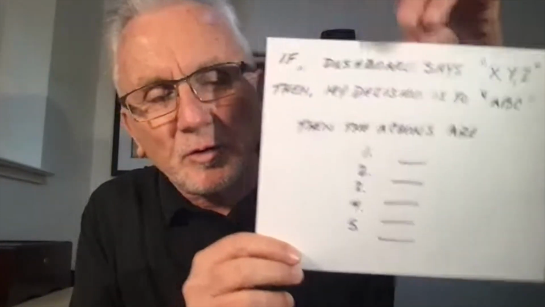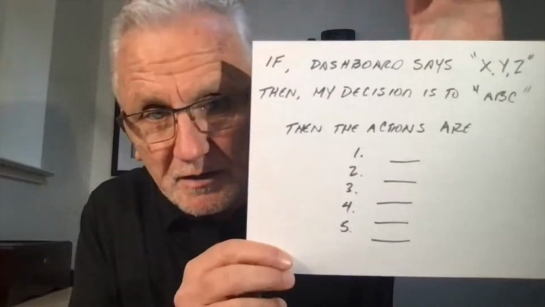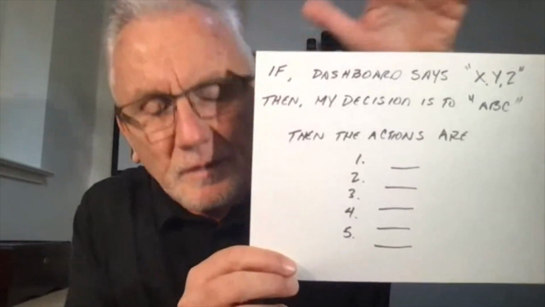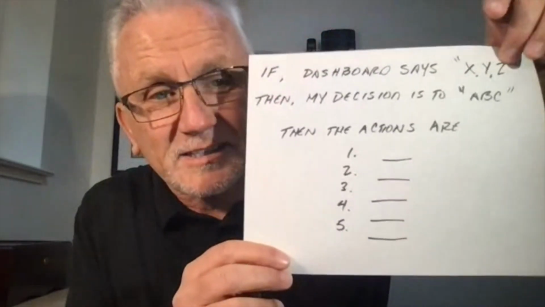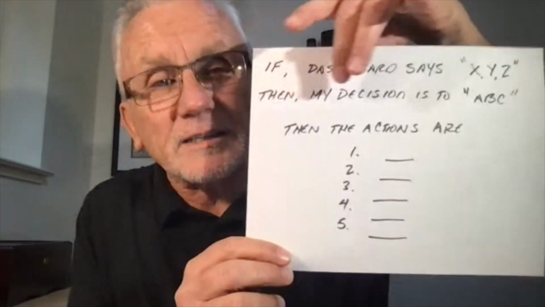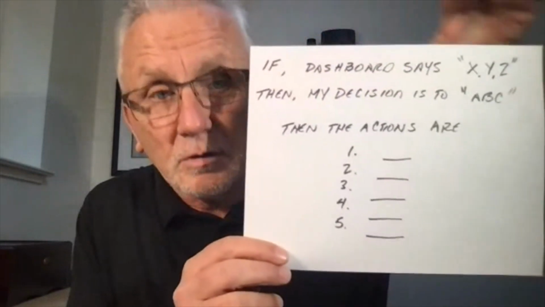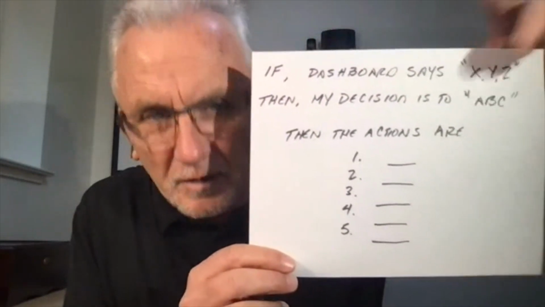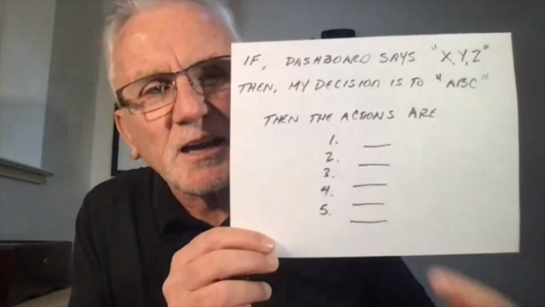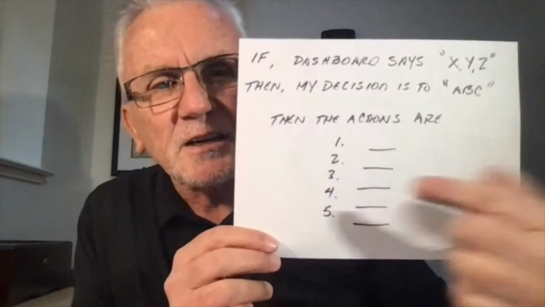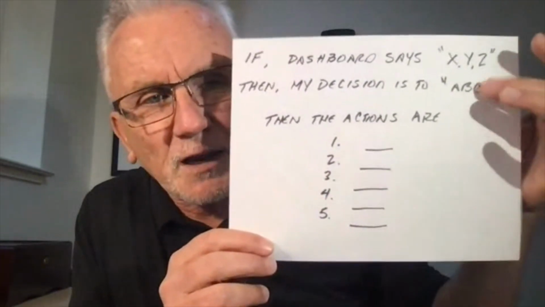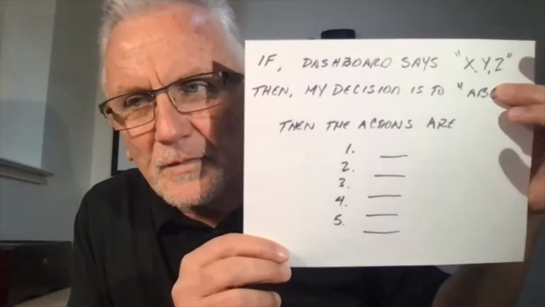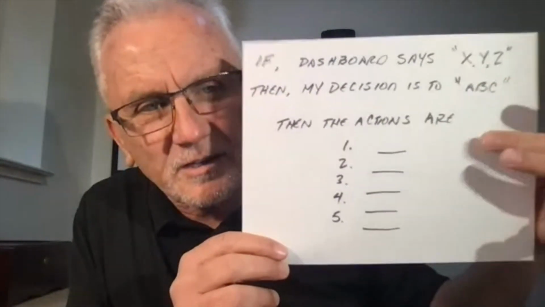If my dashboard on job orders, if my dashboard on interviews, if my dashboard on billable hours says this, then my decision will be to do what? You fill in the blank. See how easy this is? And if my decision is this, then the actions I can take to make that decision manifest are these 5 actions.